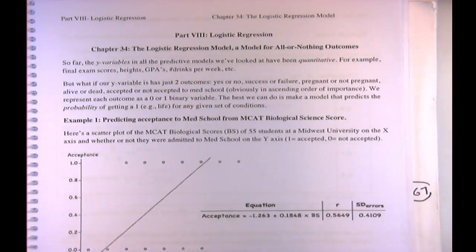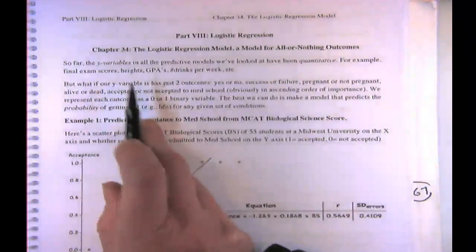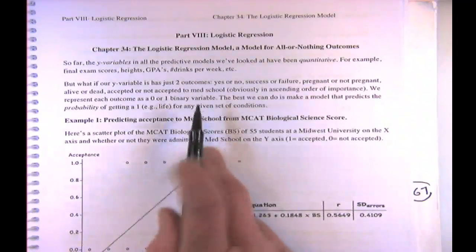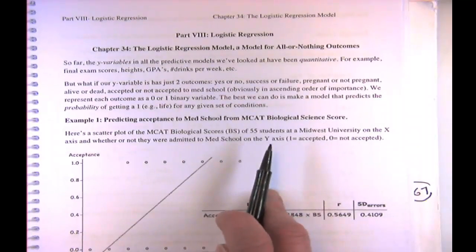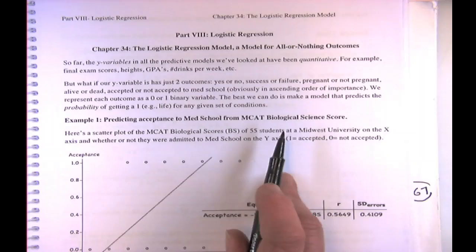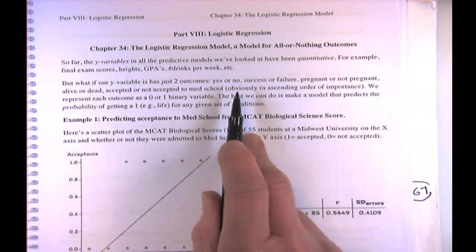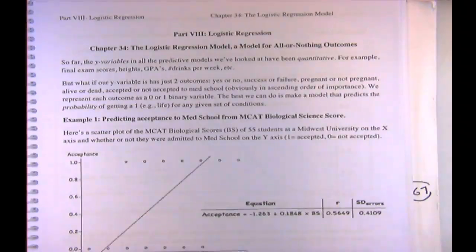Okay, so that's where we're at right now, and it's very, very useful. So far our y variables have all been quantitative, but what if the y variable just has 2 outcomes? What can we do then? I mean, think about it. If you have a regression equation, you have some quantitative x, predicting just a 0 or a 1, how is that going to work?